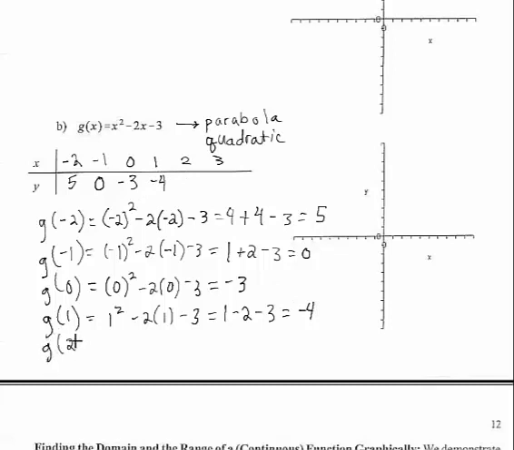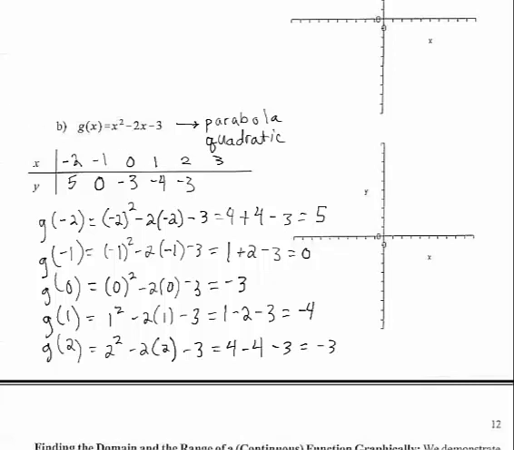Calculate g of 2. I have a 2 squared minus 2 times 2 minus 3. 2 squared is 4. Negative 2 times 2 is a negative 4. So those two cancel out, and I just simply end up with a negative 3. Okay.